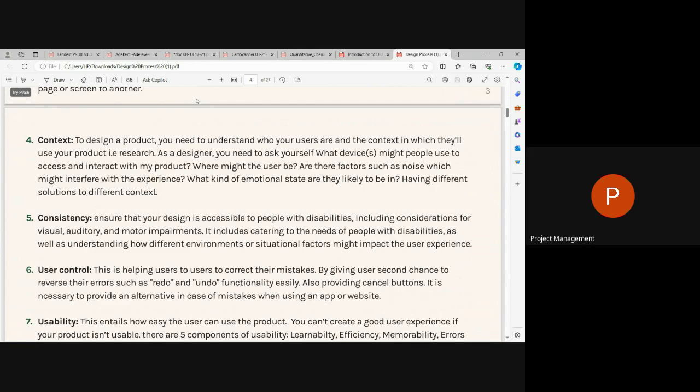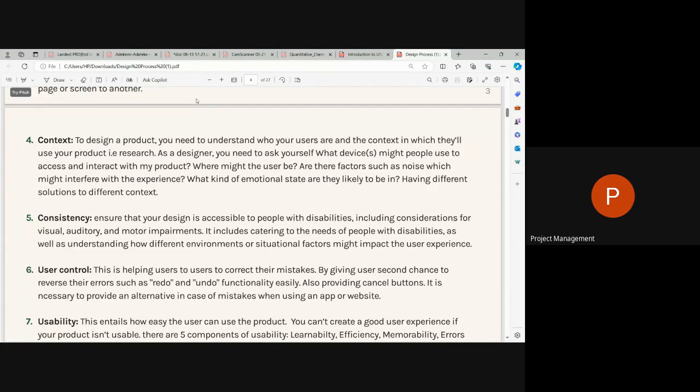Next, you have to understand where my user might be. Are there factors that can interfere with their experience using the product? You have to provide answers to all those questions. That is why you need to do research in this aspect.